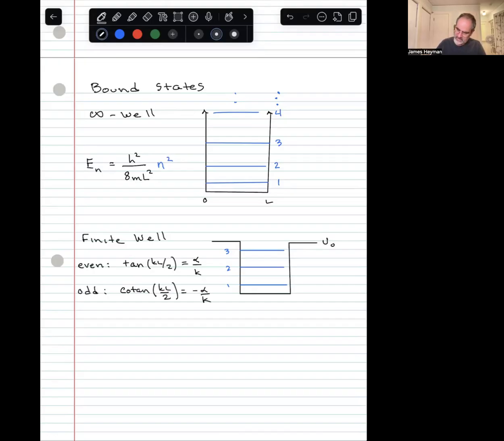Okay, there we go. Now, for both of these systems, we found the wave functions for the states. For the infinite well, the wave functions look like the wave functions that might describe standing waves on a string.